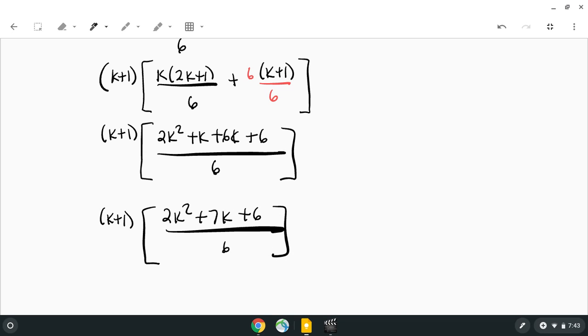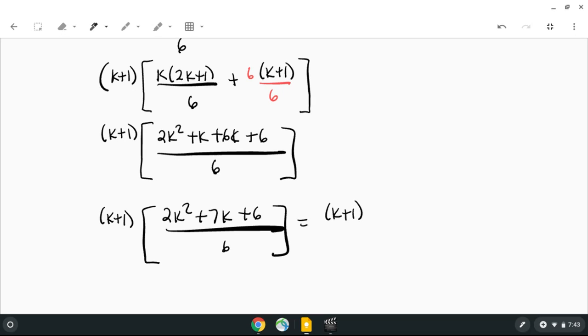Okay. And now I'm going to go ahead and factor that trinomial on the inside.